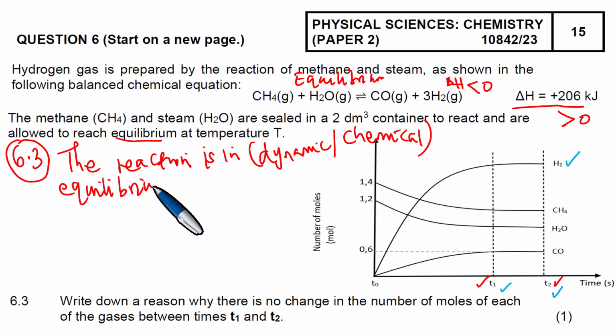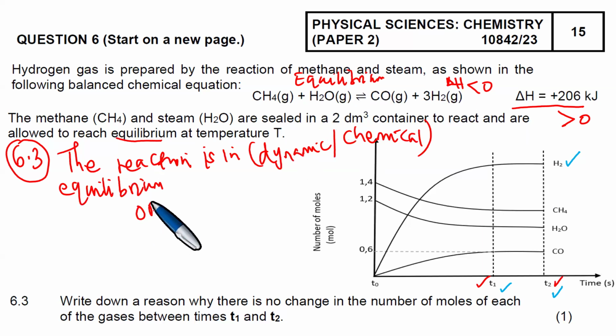The reason why these graphs are level is simply because the reaction is in dynamic equilibrium. Dynamic equilibrium means it proceeds both in the forward direction and also in the reverse direction.